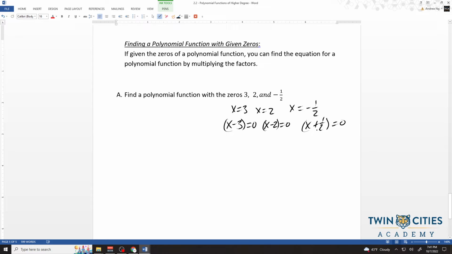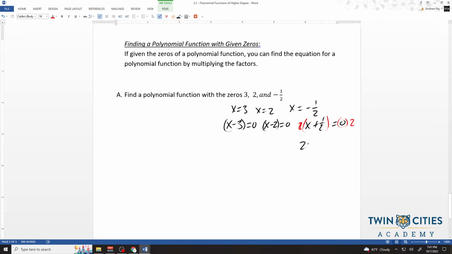Okay, if you don't want a fraction here, then something you could do is let's multiply everything by 2. So let's multiply the left side here by 2. And we can multiply the right side by 2. And let's see what's going to happen.